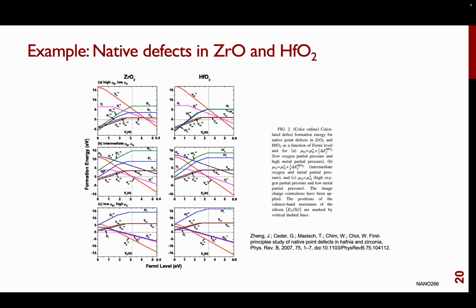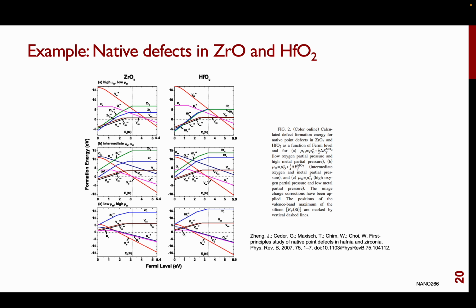They actually have to split this up into high metal chemical potential, low oxygen chemical potential, intermediate, and low chemical potential for the metal, and high chemical potential for the oxygen. And then for each of these conditions, they plot the formation energy of different defects, right? With respect to the Fermi level.